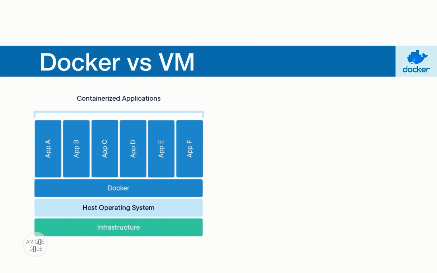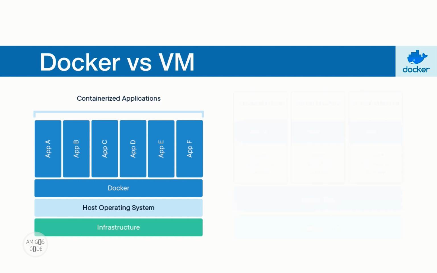So let me show you exactly a visual diagram. This is a containerized application. You can see that you have multiple apps. Underneath you have Docker and nothing else. Docker manages all of the containers that you spin up. And underneath Docker you have the host operating system, and then you have the actual infrastructure.